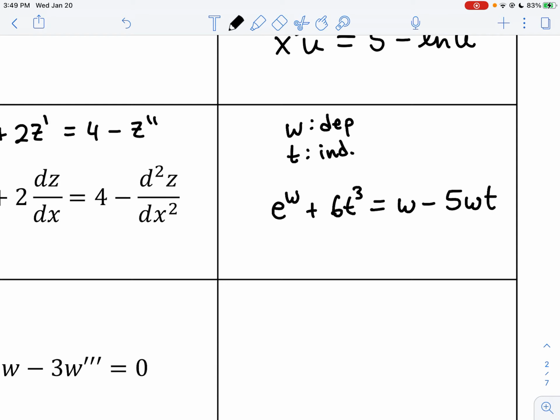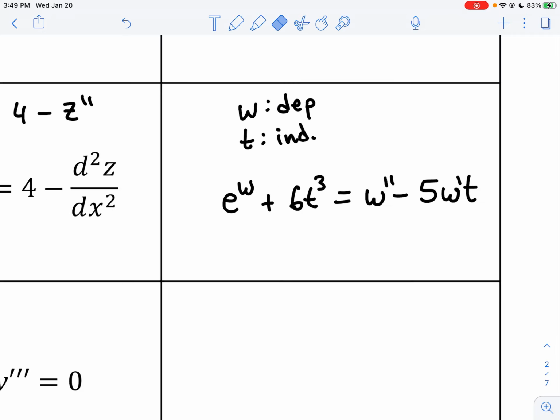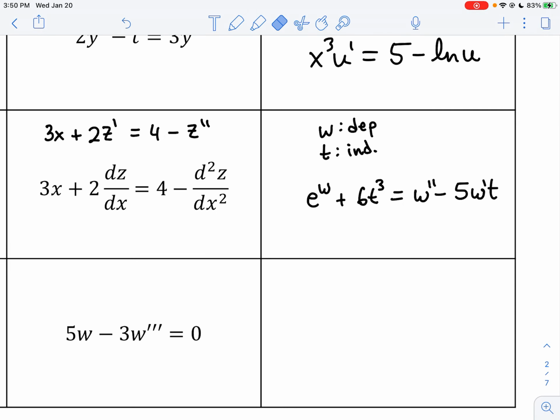Just any equation you want to come up with that has w's and t's. And then w's are the only things that are allowed to have derivatives involved. And to be a second order, we've got to get a second derivative. So let's make this w here be the second derivative and this w here be a first derivative. And we'll leave that w as just regular w. So we've just created a second order differential equation in terms of w and t.